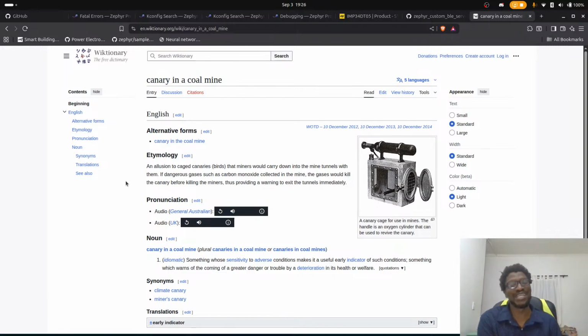But the story here is that before we had gas detectors, miners would carry a little bird into the mines, because some mines can contain poisonous gases, and the poisonous gases would kill the bird. Yeah, I know, animal abuse, but if the bird died, the miners would have to get out quickly.